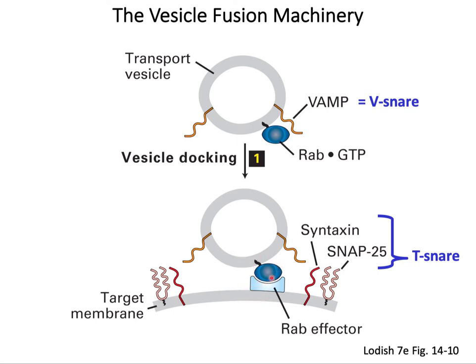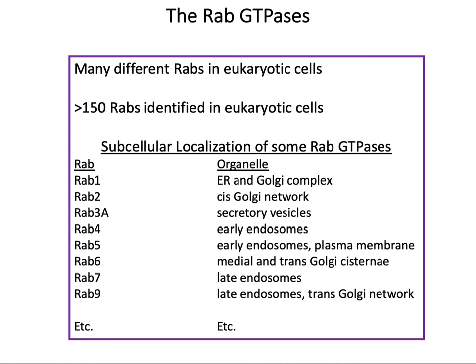You can think about this as the Rab receptor. And there is a specific interaction between the V-snare and the syntaxin and SNAP25, which make up the T-snare. So this vesicle is at the correct target membrane because the Rab is bound to its receptor and the V-snare is bound to the T-snare.